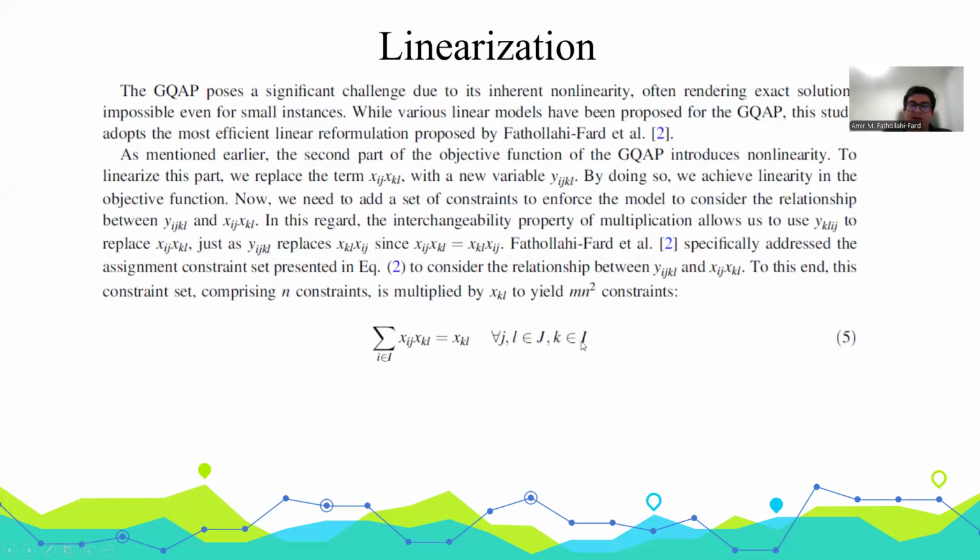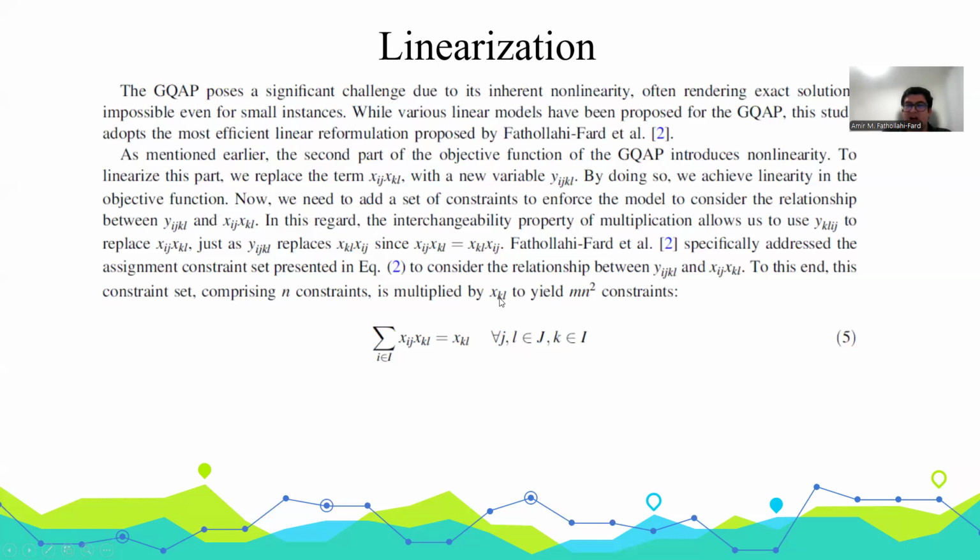Now we are defining a new constraint. In constraint number 5, we multiply the assignment constraints by the variable xkl.